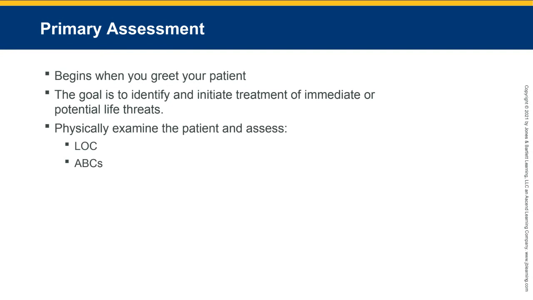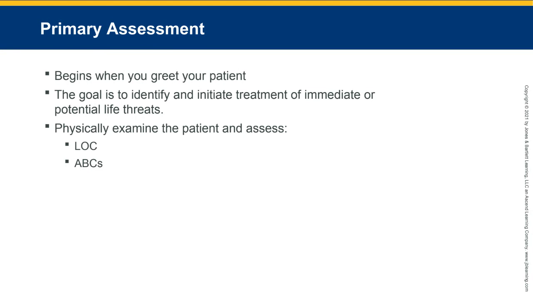So in your primary assessment, this is your main goal, and I don't think EMTs understand this concept very well, especially in Jamaica. It could be because there's a lack of protocols or a lack of sequential approach to assessing a patient. Your primary assessment is not where you obtain history for a patient, and that is a common practice.